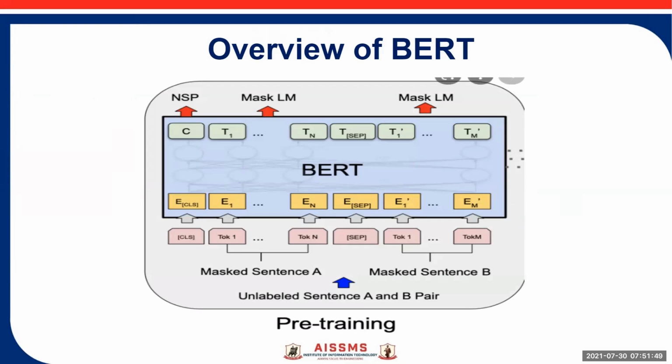Then start the multi-headed self-attention layers. Each set of these has 9 steps, and there are 12 such layers. Following these 12 layers are 2 outputs, one for NSP, that is next sentence prediction, and one for MLM, that is masked language modeling.